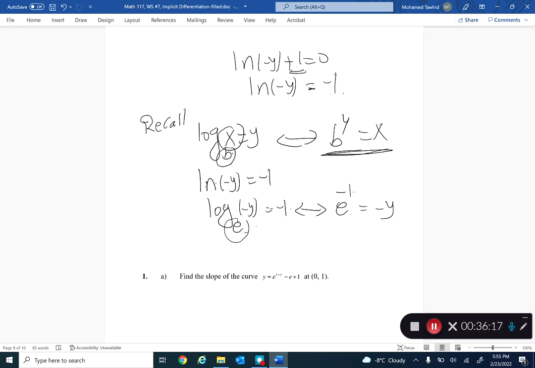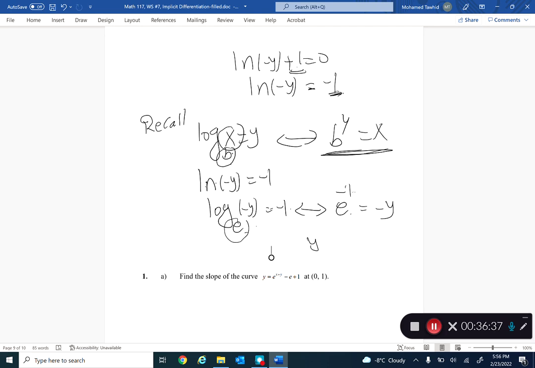Does that make sense, guys? So e to the power negative 1 equal to negative y. Here the base is e, so it is not negative 1 as I mentioned before; it will be just e to the power negative 1. So what is your y?